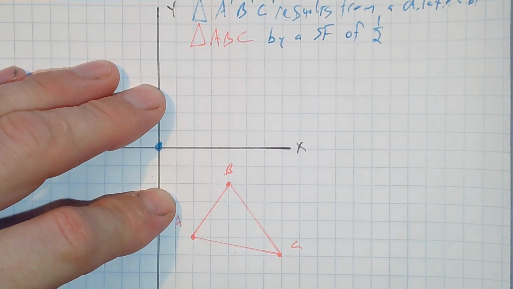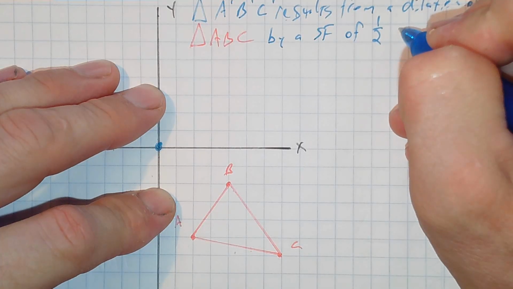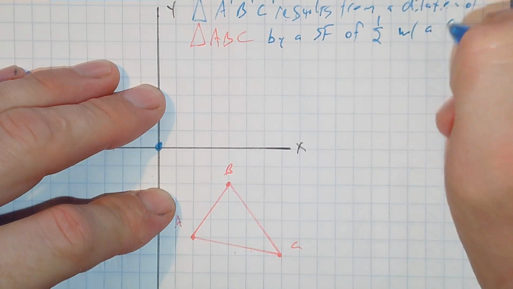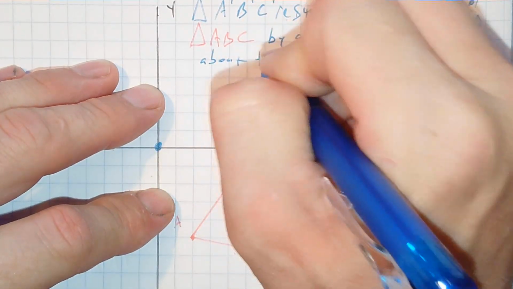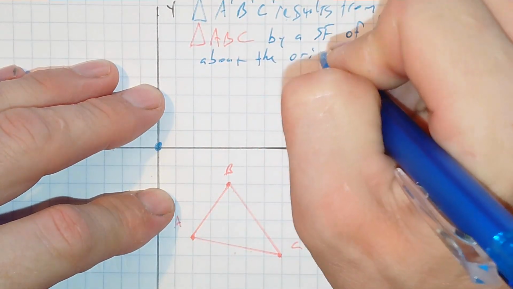We're going to shrink it. Okay? With a center of dilation about the origin.